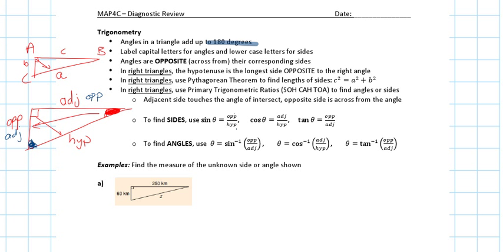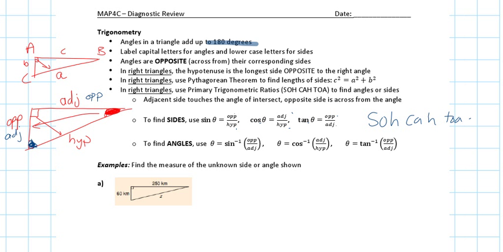We have the cosine, which is adjacent over hypotenuse. And then we have the tan, which is opposite over adjacent, using the acronym SOHCAHTOA to remember. Okay? So it depends on what scenario I have, what angle is given to me, what side is given to me. Then I will choose which one of these three ratios to use. All right?